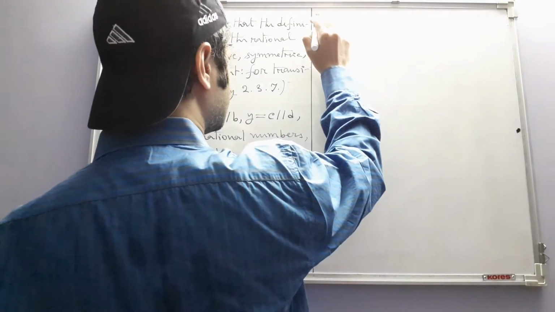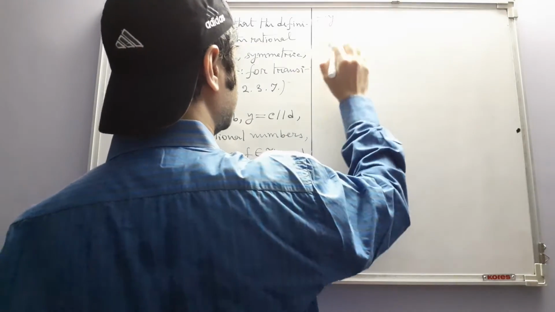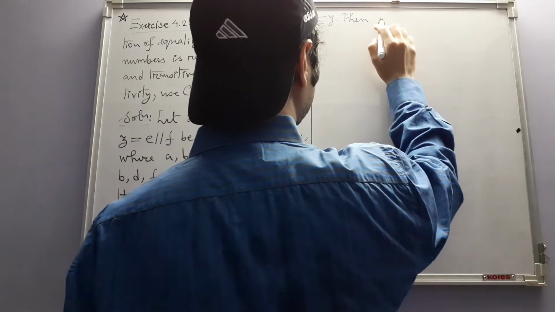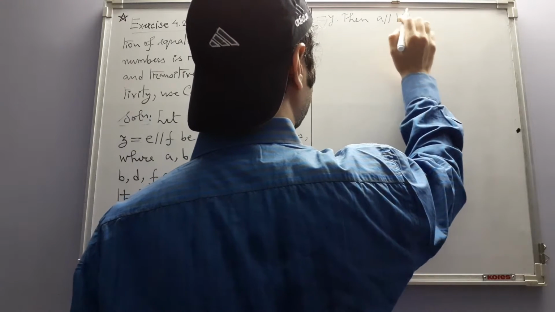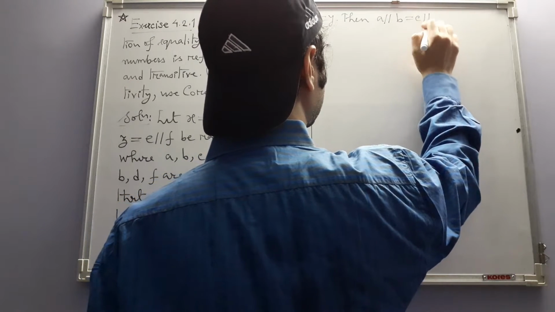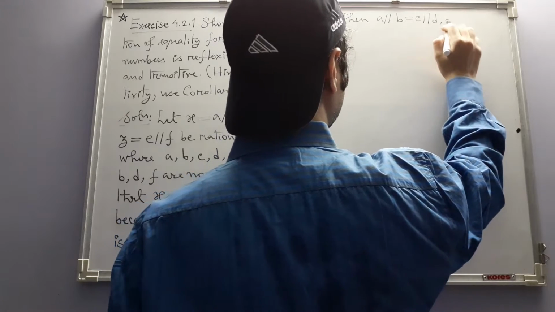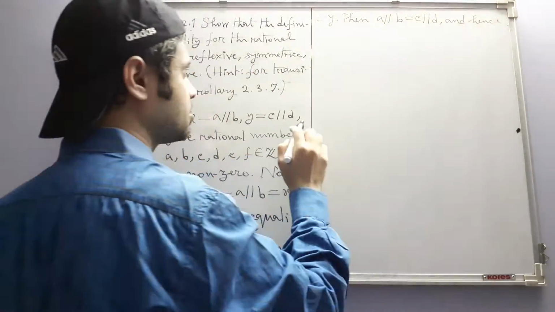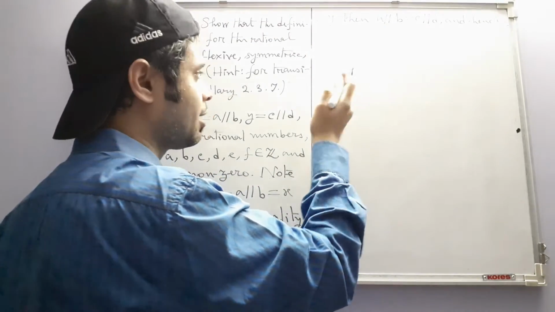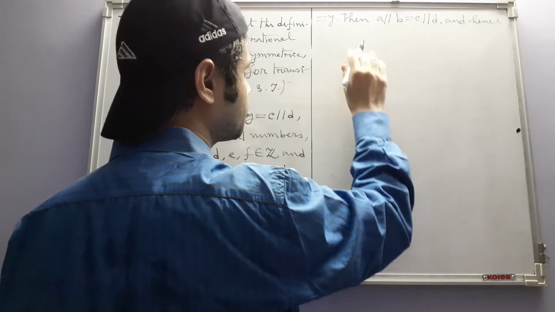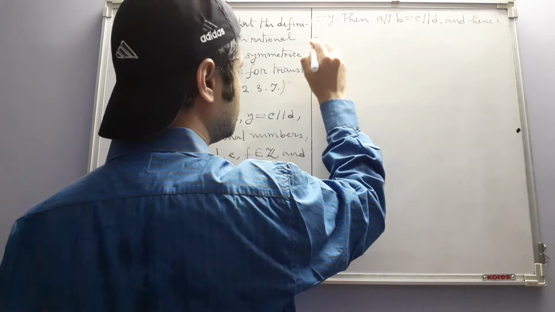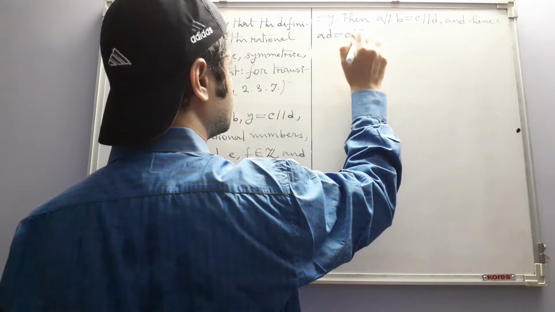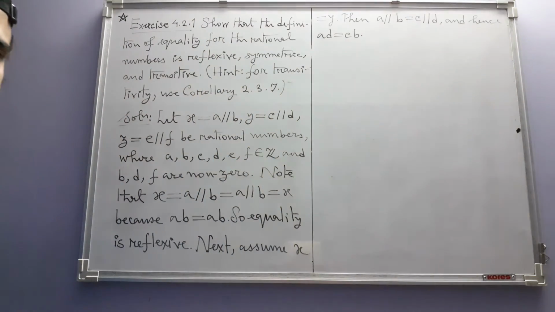assume that x is equal to y. Then a by b is equal to c by d, and hence on this one you apply the definition of equality, or from this equality we should have ad is equal to cb.